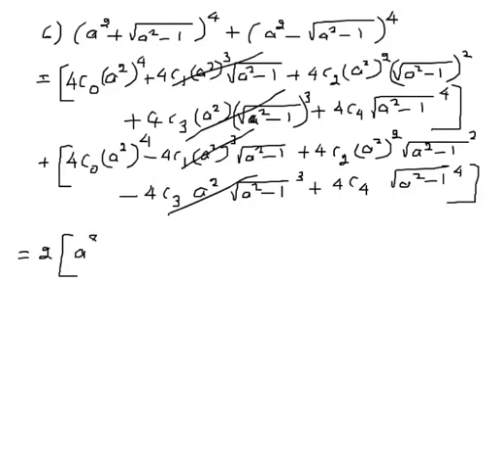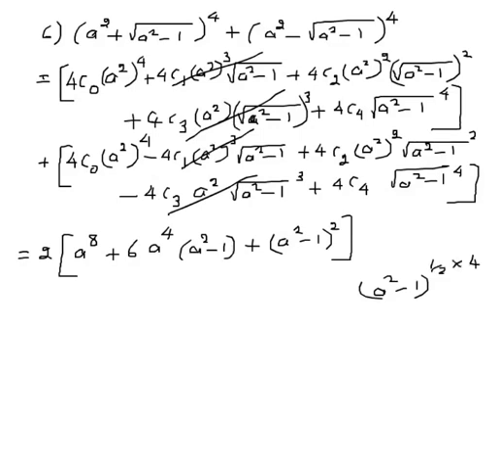A square whole power 4 is 2 4s are 8, a raised to 8, plus 4C2 which is 4 factorial by 2 factorial times 2 factorial, 3 times 4 by 2, so 6. 6a raised to 4, and this will become a square minus 1. 4C4 is 1, and this is a square minus 1 the whole square, because a square minus 1 whole power half root and power 4 we have, so it becomes whole square.